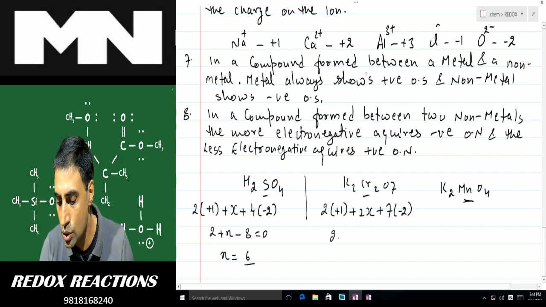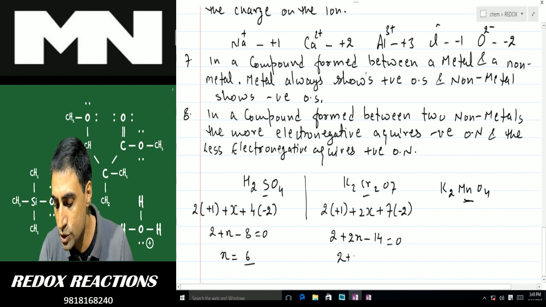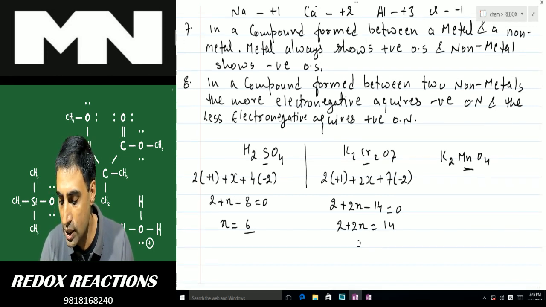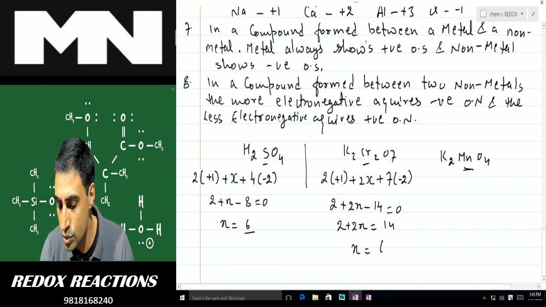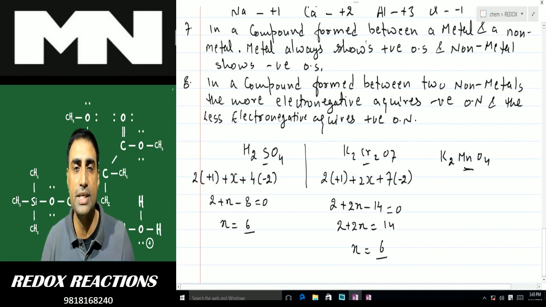That is 2 plus 2X minus 14 is equal to 0. That is 2X is equal to 12, or X is equal to 6. So in this case, the oxidation number of chromium is +6.